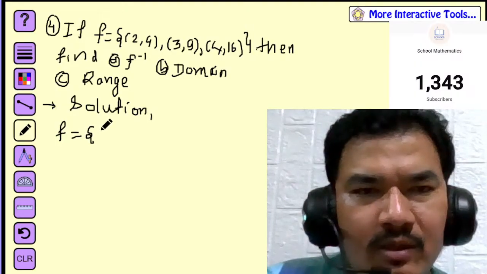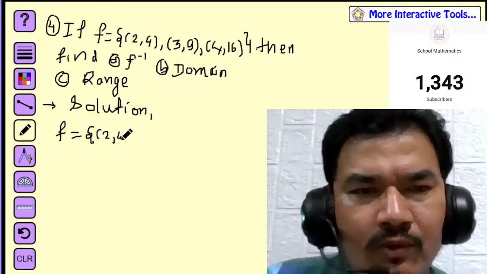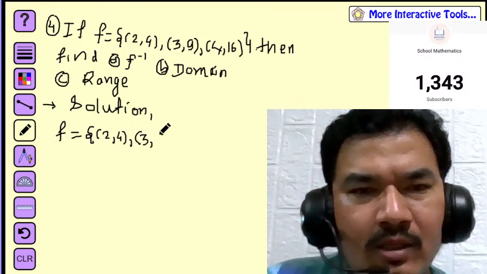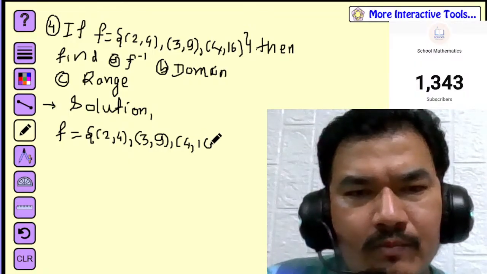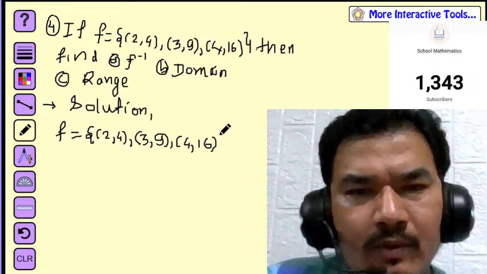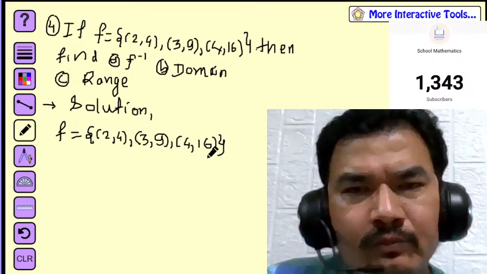The function is given there: (2, 4), and the next one is (3, 9), (4, 16), okay.